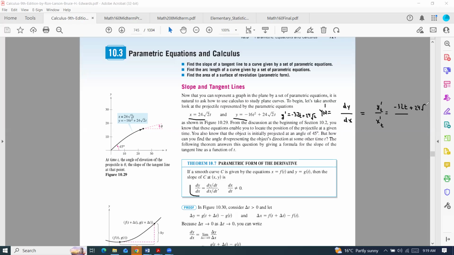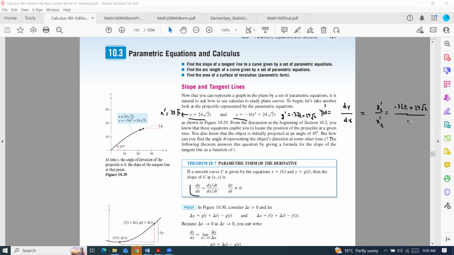And then we'll also get the derivative of x and put it on the bottom. So what's x prime, again, with respect to the variable t? Well, it looks like it's just 24 root of 2, right? 24 times square root of 2, like that.